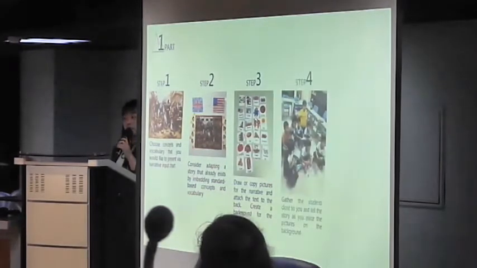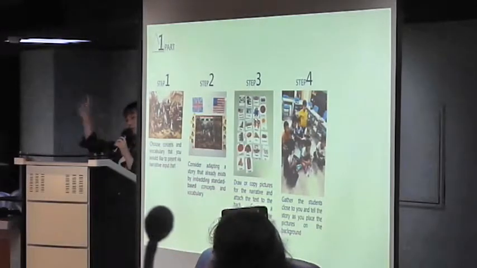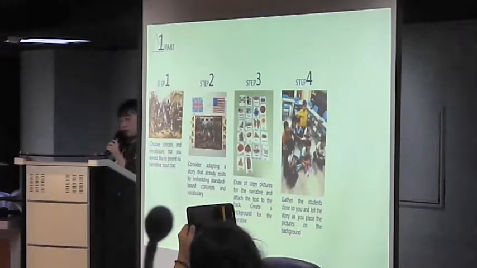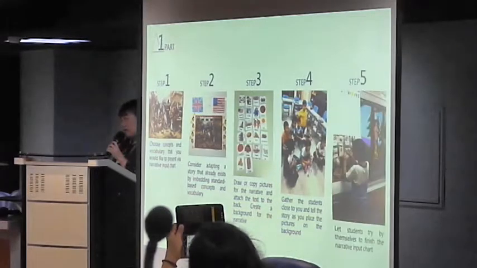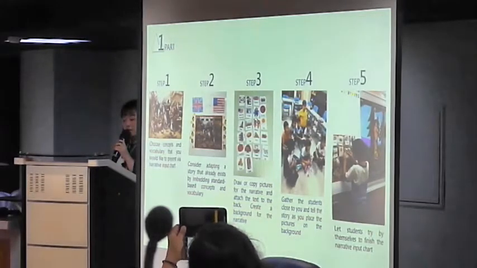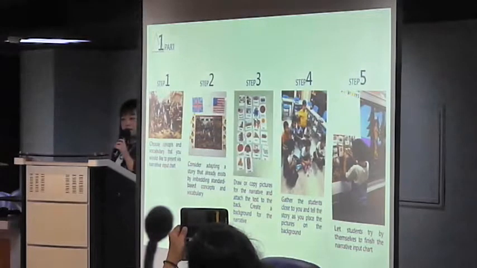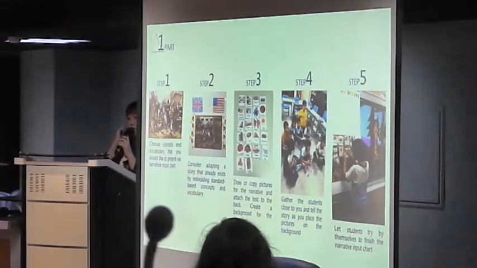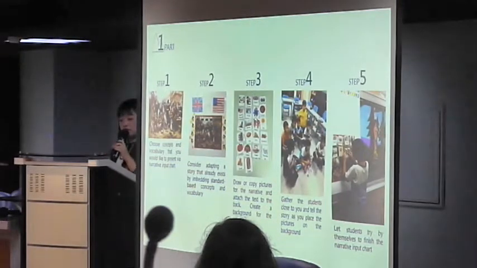While you're telling them the story, you can stick the cards on the posters. Then it's the students' turn to try. While the teacher is talking about the story, the students listen for keywords and go to the front and stick the card on the poster. So that is the strategy.